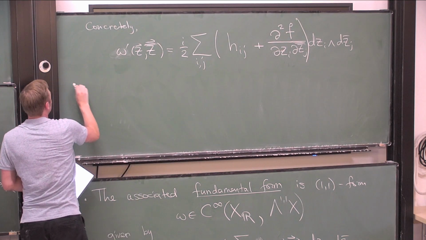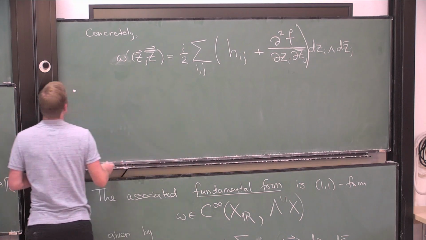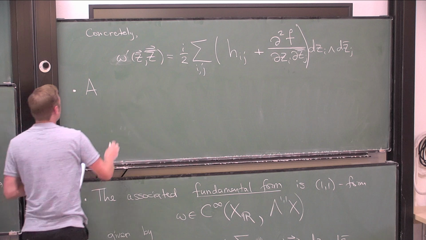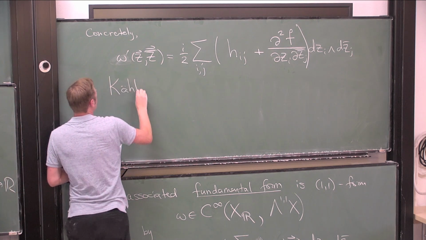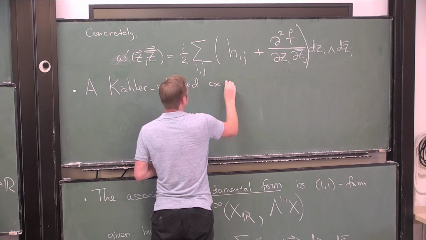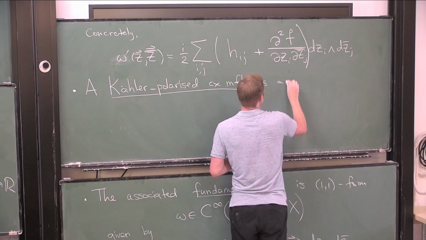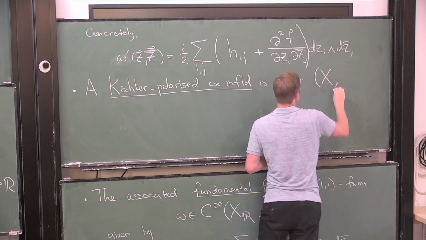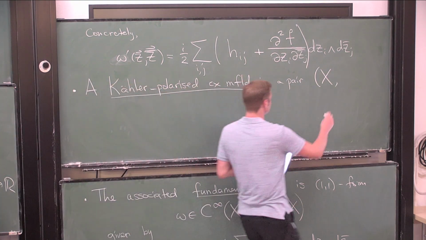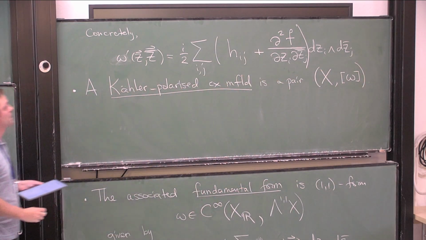Okay, so the last word we need before being able to define a Calabi-Yau manifold is what I call a Kähler polarized manifold. So a Kähler polarized complex manifold is just a pair of X, and instead of giving you a Kähler metric or equivalently a Kähler form, I'm only going to give you the cohomology class of a Kähler form.